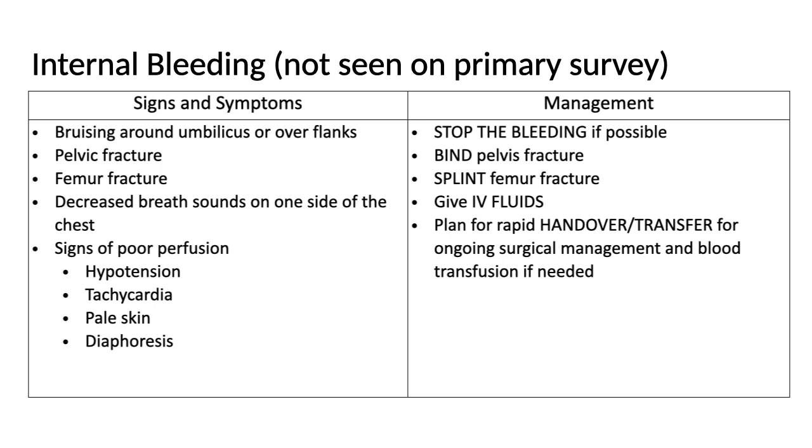You can see pelvic or femur fracture, and you see features of hypoperfusion: hypotension, tachycardia, pale skin, diaphoresis, and impaired capillary refill. For this patient, stop bleeding if possible. You can use a pelvic binder for suspected pelvic fracture, splint the femur. You need to give fluid and prepare blood, and then you need to decide about the triage.